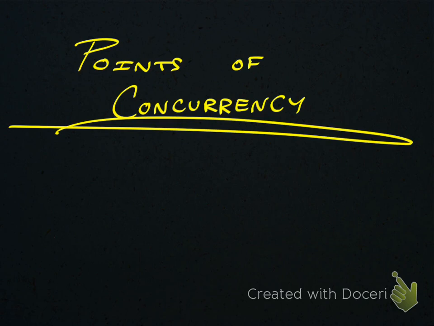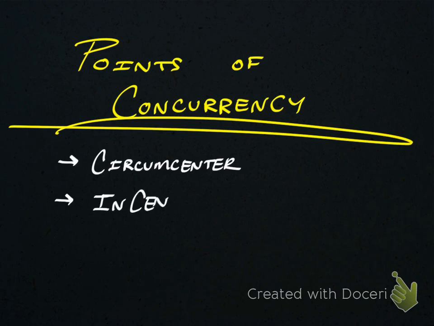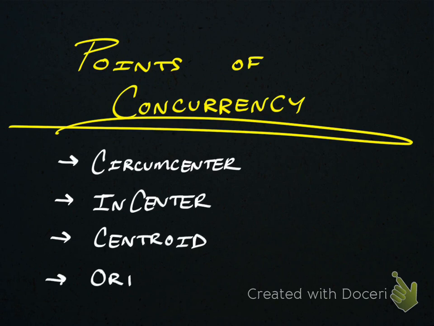Points of concurrency, and just as a recap, we have the circumcenter, we have the incenter, we have the centroid, Mr. Withers' favorite, and we have the orthocenter. These are our points of concurrency in a triangle.